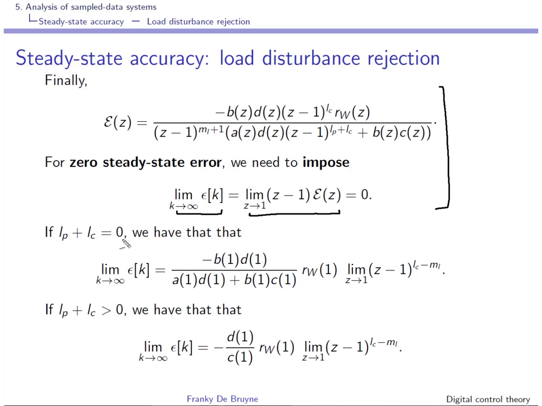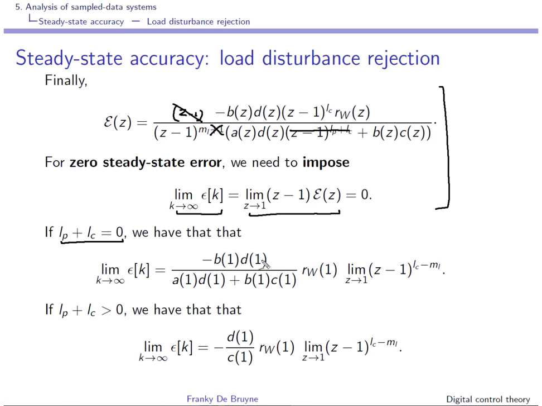So in here we'll consider two cases. The first one is LP plus LC equal to 0. You have z minus 1 to the power 0, so this amounts to crossing this one out. Now you take the limit when z tends to 1 of this one here times z minus 1. This one will cancel out with this one.